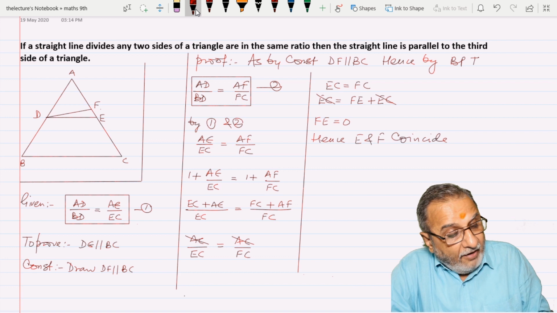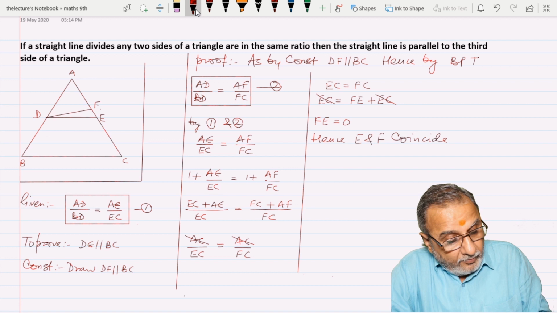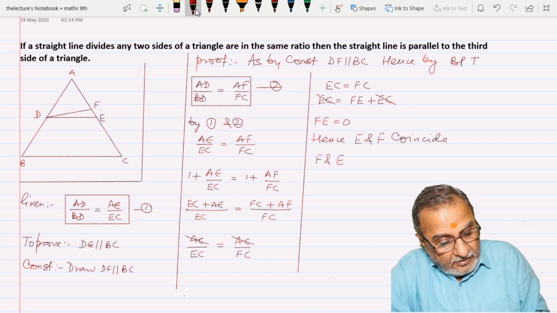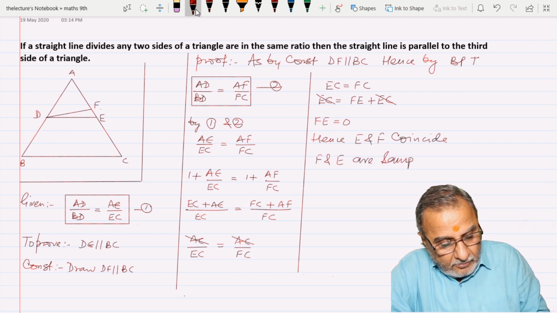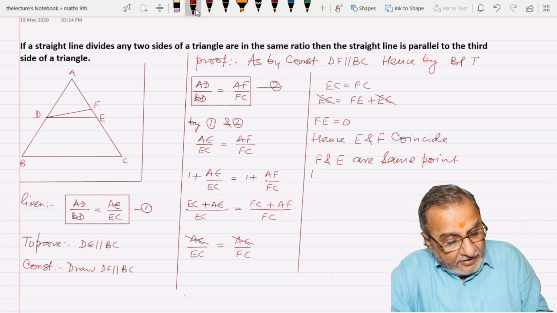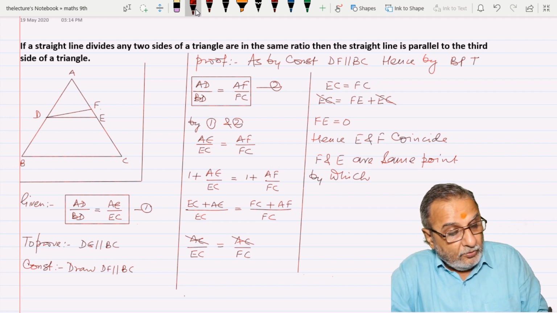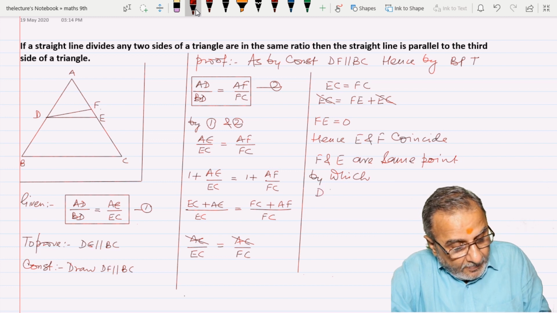Hence F comes on E, so F and E are the same point, by which we can say that F comes to E, so DF and DE are the same, so DE is parallel to BC.